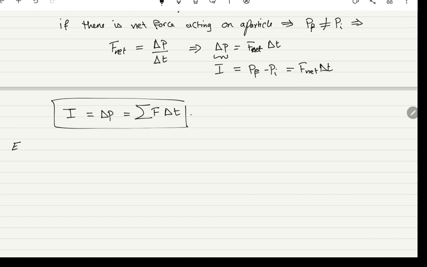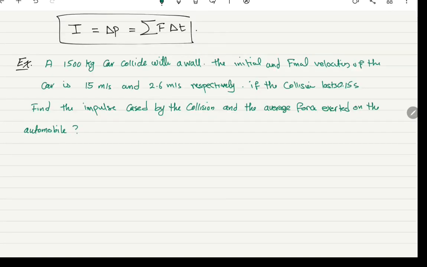Example: a 1500 kilogram car collides with a wall. The initial and final velocities of the car are minus 15 meters per second and 2.6 meters per second respectively. If the collision lasts 0.15 seconds, find the impulse caused by the collision and the average force exerted on the automobile.